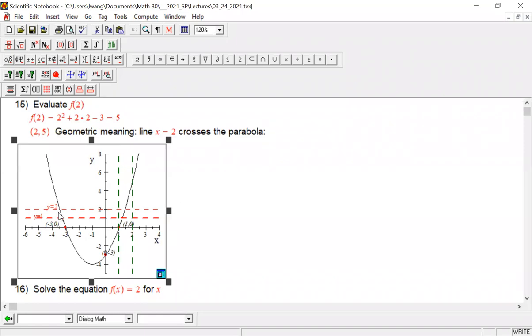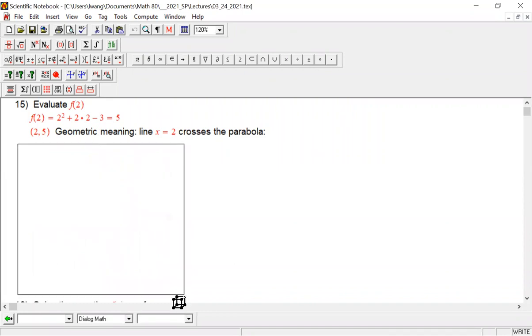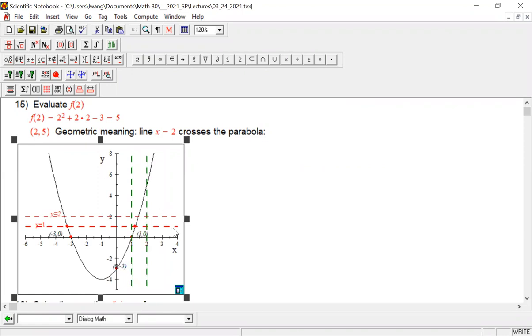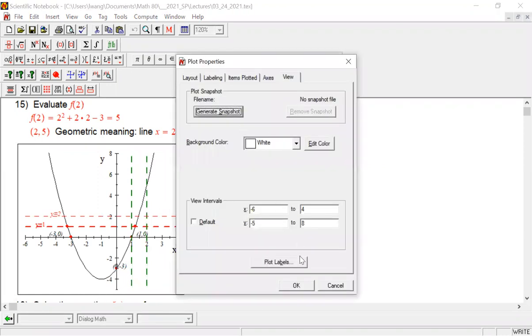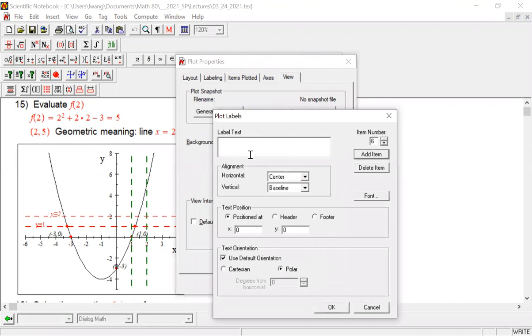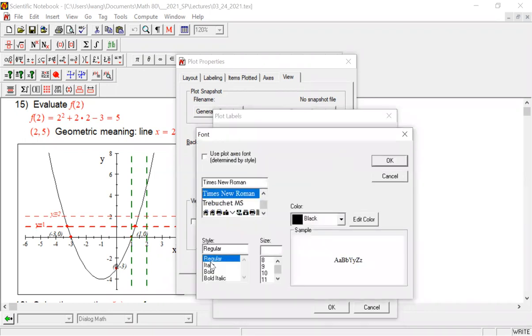Do you guys see that y equals 2? And the green one is x equals 1. I'm going to make this 0.5, and that's going to be a 4. We're going to use green.